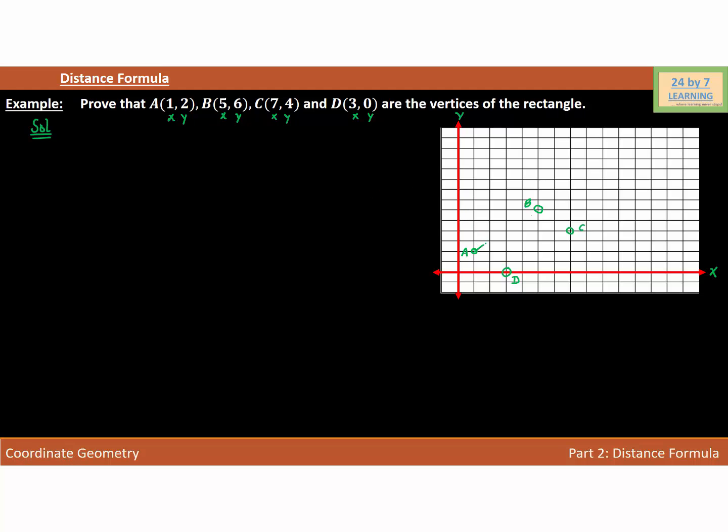So I will connect A with B and then B with C, C with D, and then point D and A together.